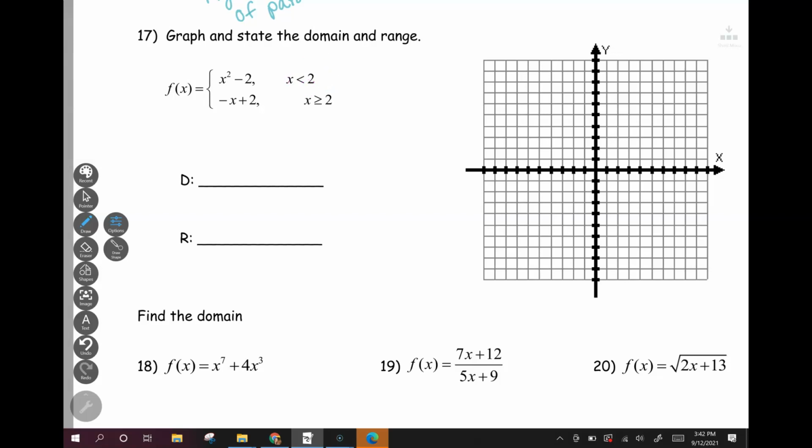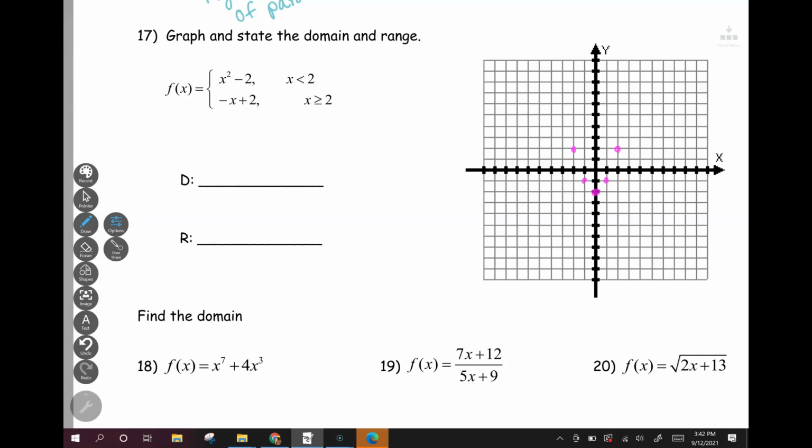Okay, so x squared minus 2, that's going to be a parabola shifted down 2. So here it is. Two squared is 4. That's how I know to go up 4. Okay, but I only want to graph that for x values less than 2.